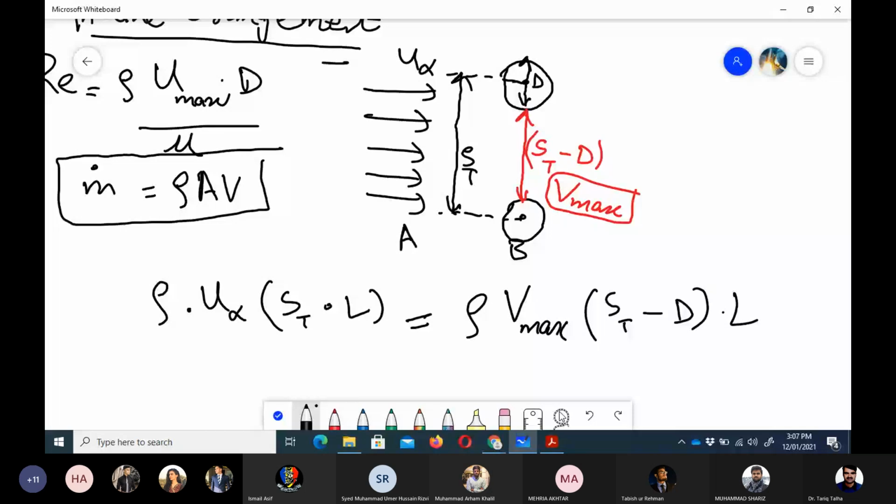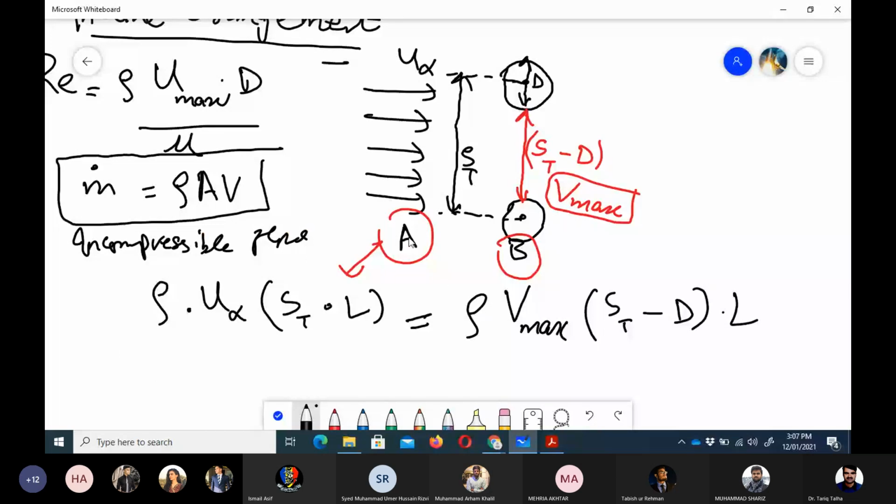Okay. So we were discussing, let me tell you again, just for convenience, we have applied the conservation of mass at location A and at location B. For location A, the mass flow rate would be equal to rho into, because we are taking it as incompressible flow, so let me write here, for the incompressible flow the density would be constant.